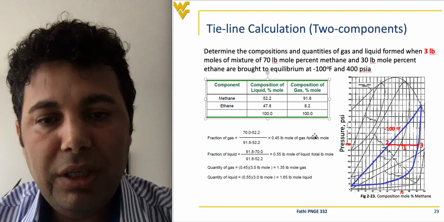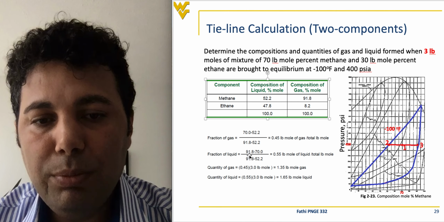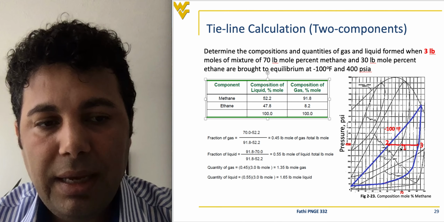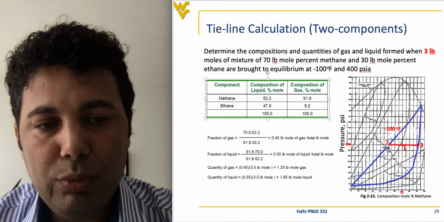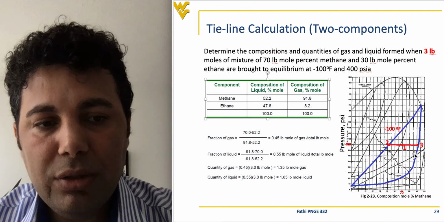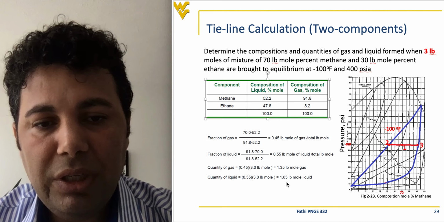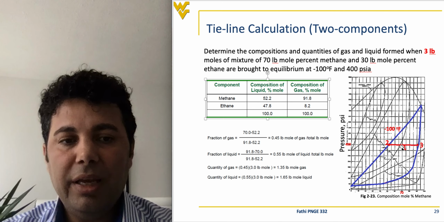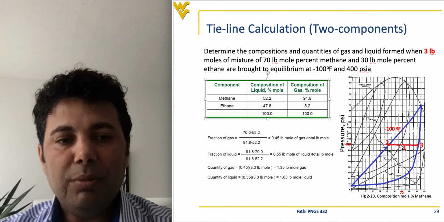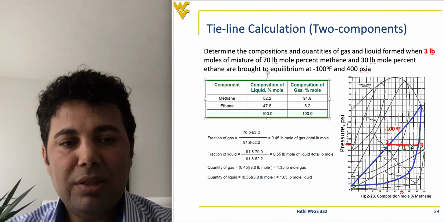So at point 3, I had 91.8. At point 1, I had 70. So 91.8 minus 70 is the length of this part, 1-3. And then 91.8 minus 52.2 is the length of 2-3. So 1-3 divided by 2-3 gives me the portion of the liquid at point 1. Sometimes it's confusing, and some students make a mistake about which part to divide by which part.